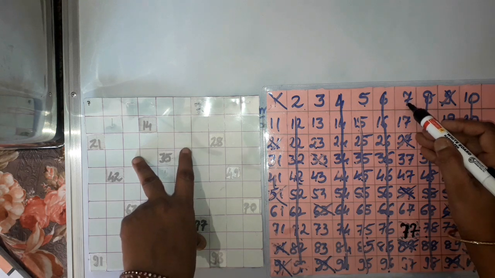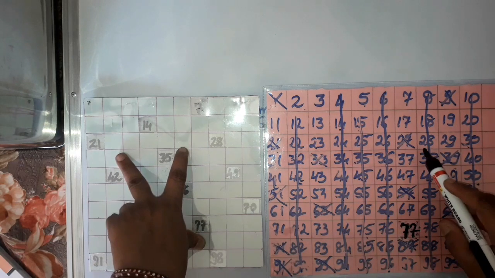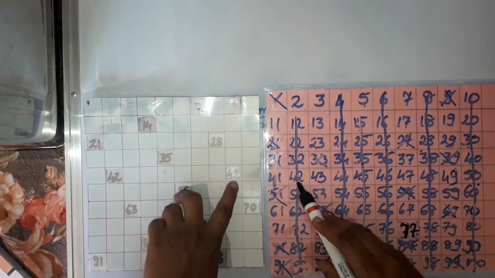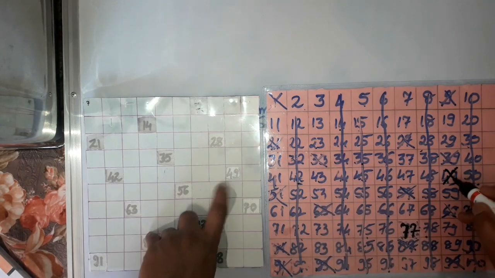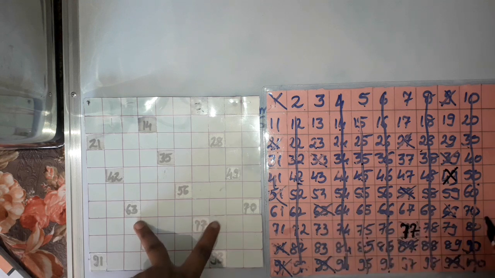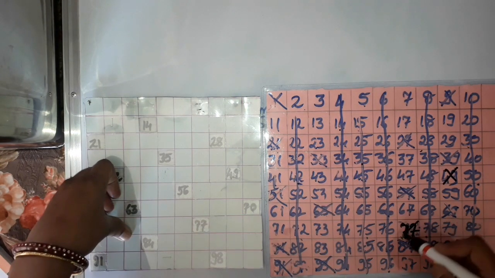So 7 we need not cancel. 14 is already done. 21 is done. 28 is done. 35 is done. 42 is done. 49 we need to cancel out. 56 is done. 63 is done. 70 is done. 77 is not done. We will cancel it out.